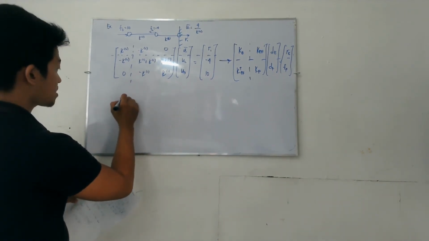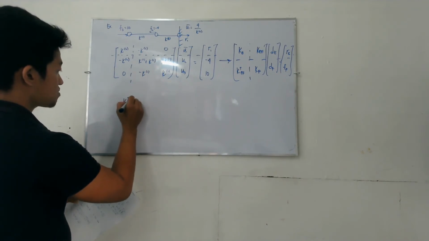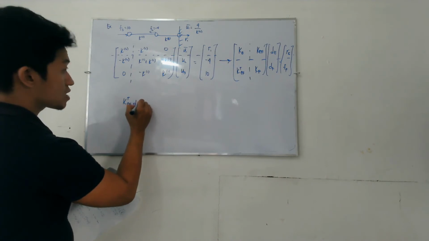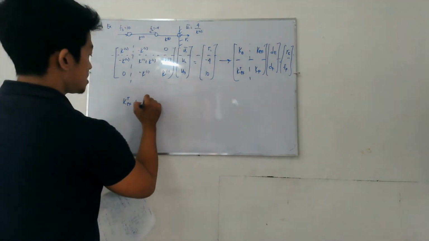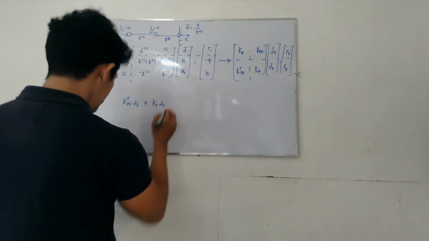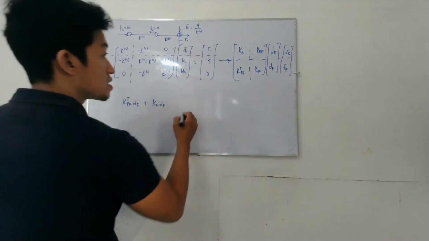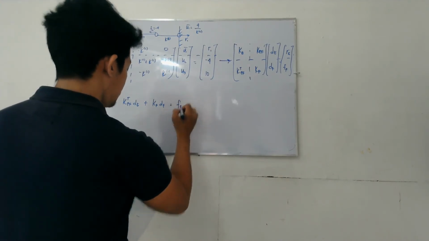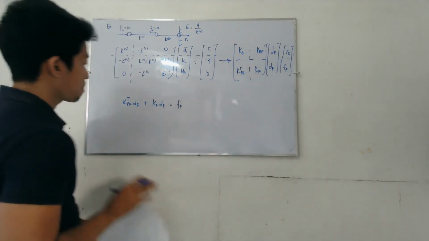Sakto na to, but para may space. K_EF transpose times DE plus K_EF times DF is equal to F. Okay.